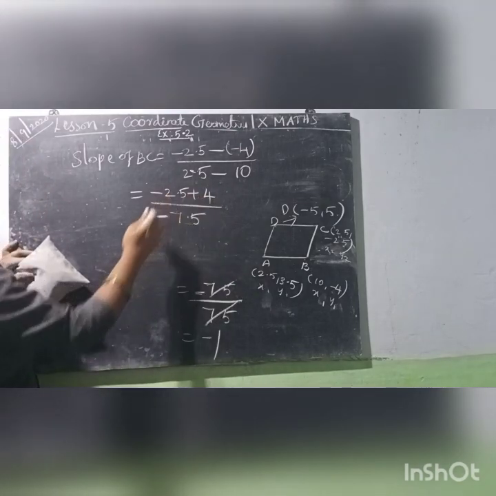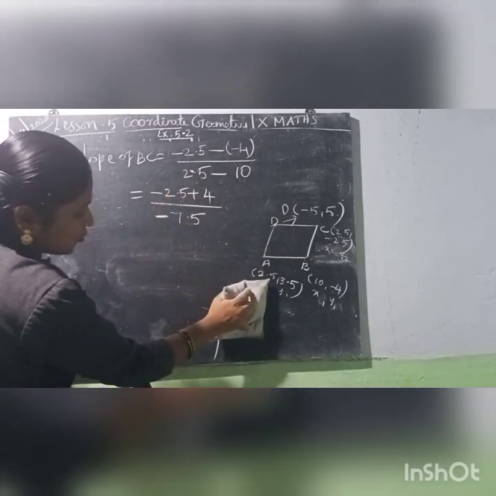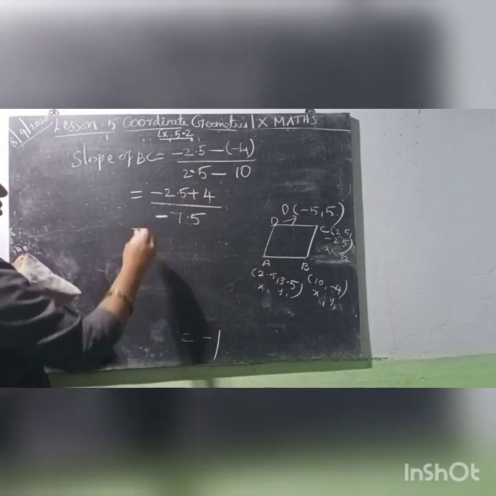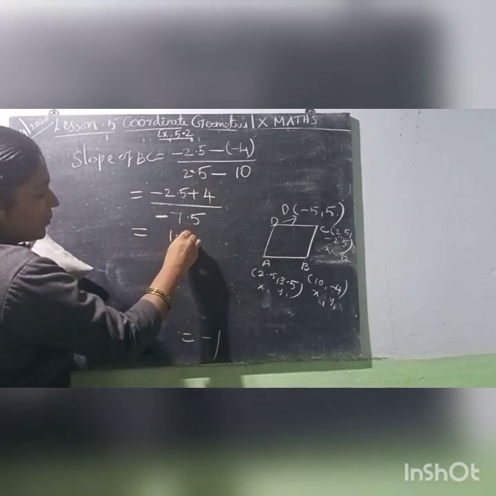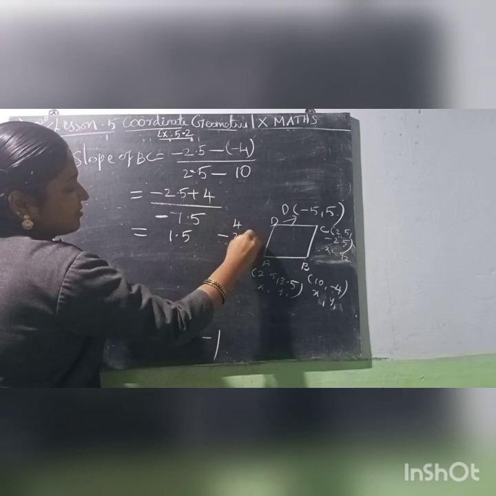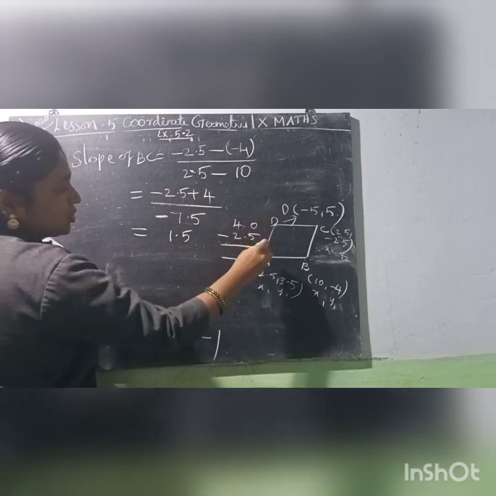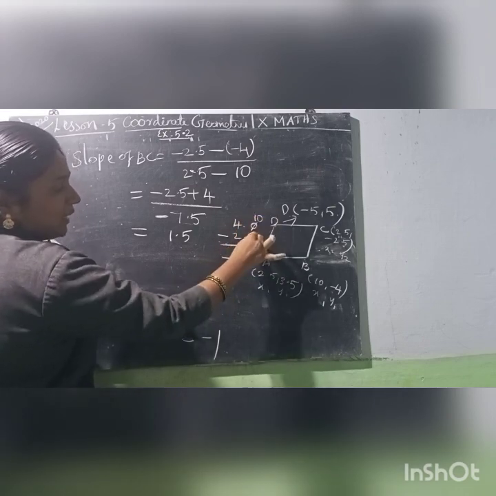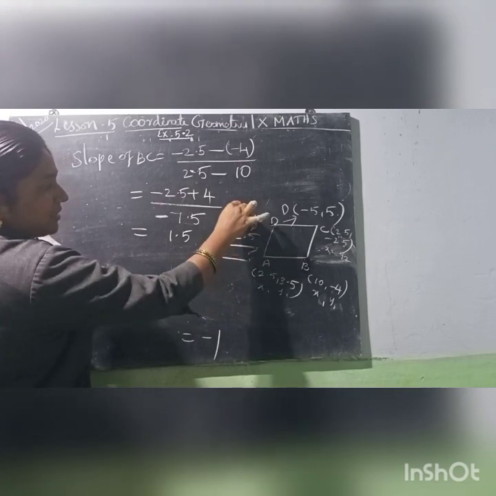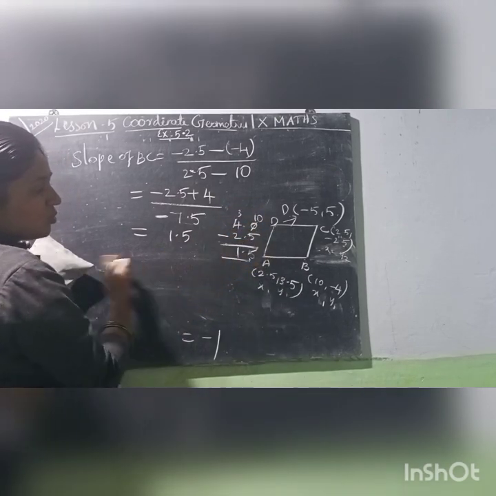We know 4 minus 2.5 is 1.5. We can subtract like this: 0 borrow gives 10, 10 minus 5 is 5, 3 minus 2 is 1. So 1.5.